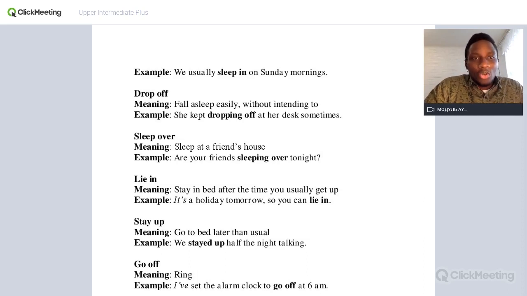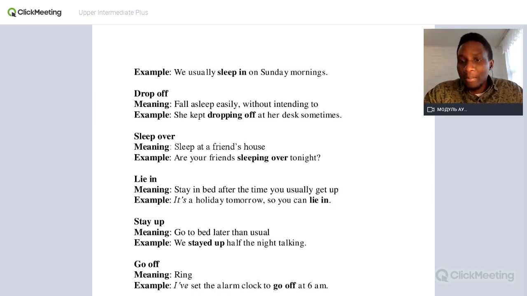We use it when you're really tired and exhausted, you've been working really hard, you come back from work, you go home, you sit down on your sofa or anywhere in your house, and you just fall asleep. That means drop off. Or when you go to work and then you start sleeping. The example we have here is: she kept dropping off at her desk sometimes.